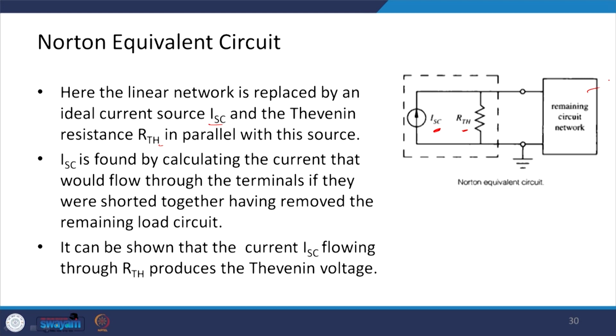So, how is this ideal current source found? It is found by calculating the current that would flow through the terminals if they were shorted together, having removed the remaining load circuit. Okay. And it can be shown that the current flowing through the Thevenin resistance produces the Thevenin voltage. So, I am not going into all those details.